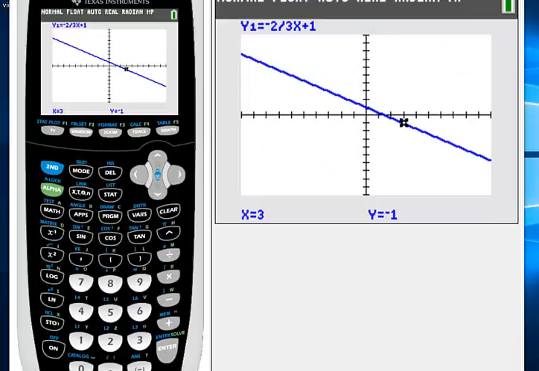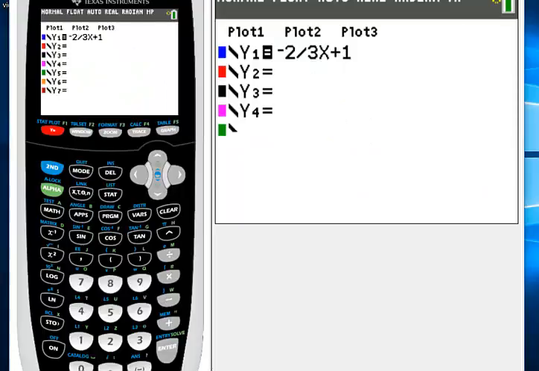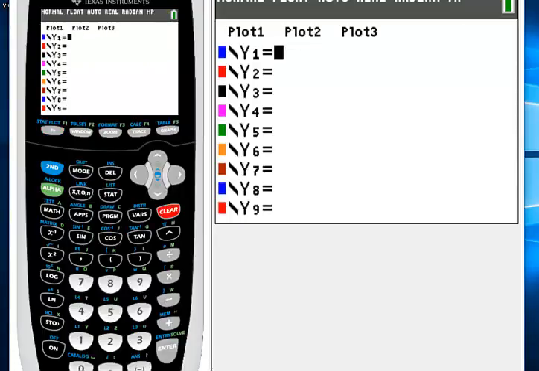So here's the calculator. Looks like our old work is still there. I'm going to go to the y equals area and I will clear that old equation out. And I'm being instructed to graph this new equation. Now the calculator only works with x and y. I had m equals negative 10w plus 80.